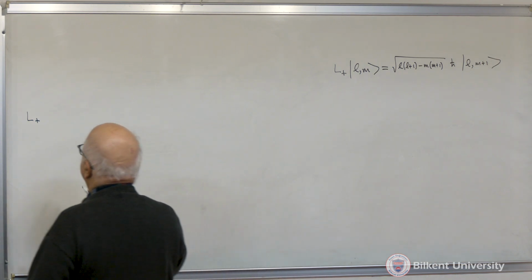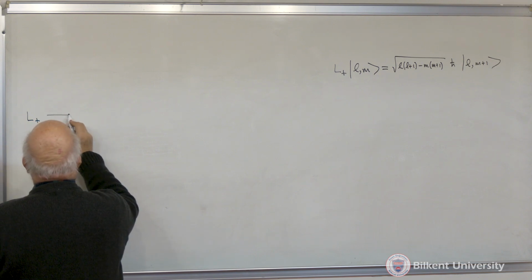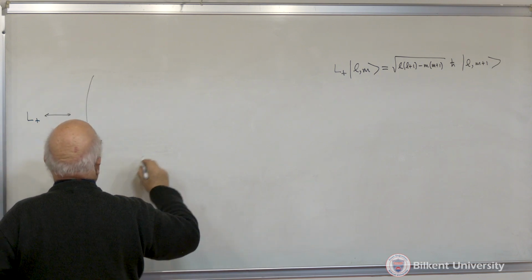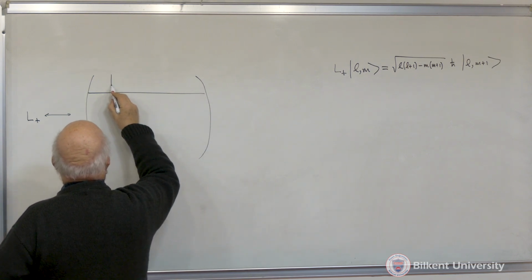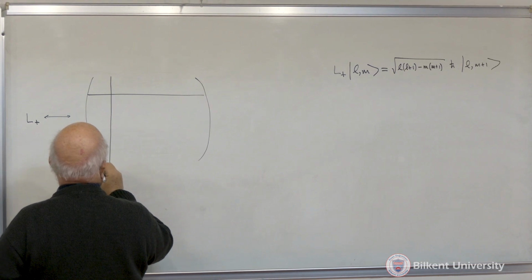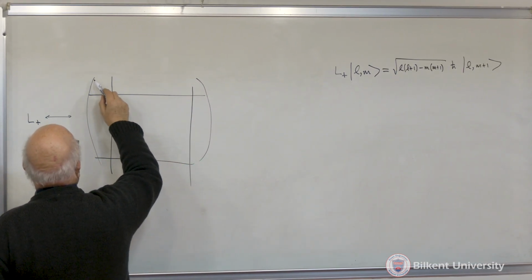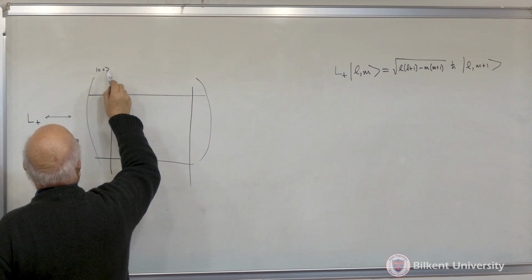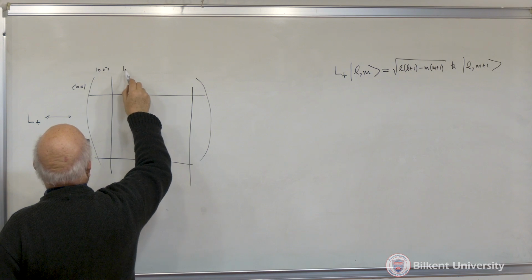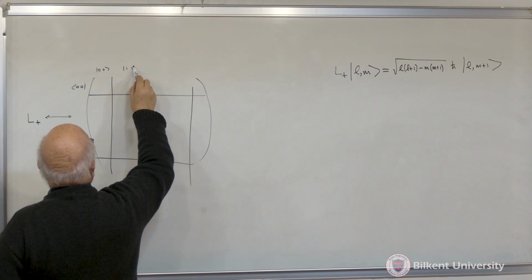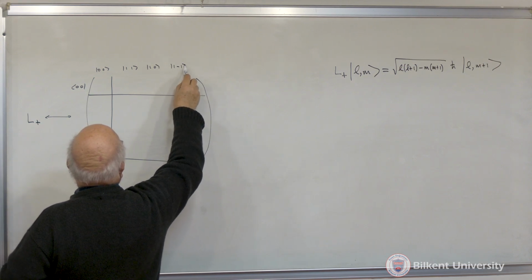So let's see what we are going to get. Again, let me just look at the L equal to 0 and L equal to 1 parts. This is the L equal to 0 part, 0, 0, 0, 0. This is the L equal to 1 part, which is 1, 1, 1, 0, 1, minus 1.